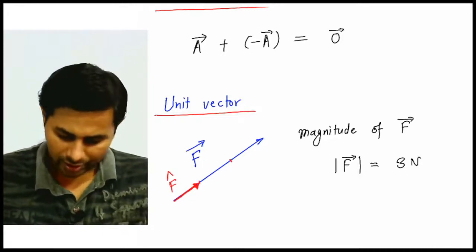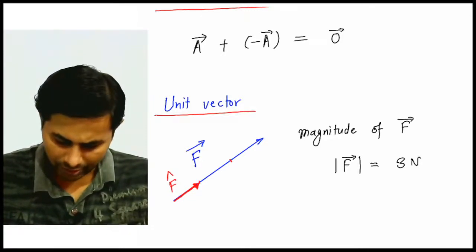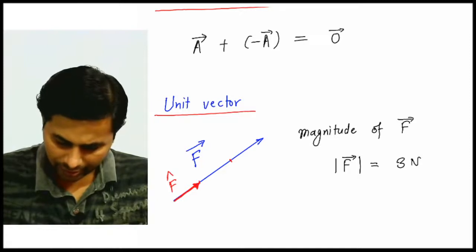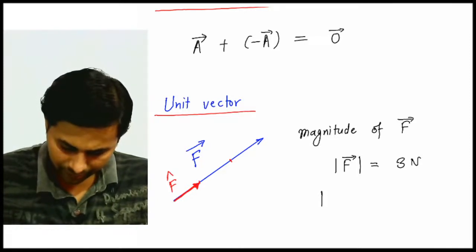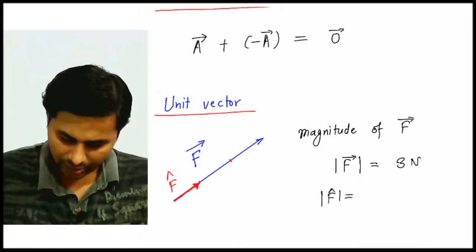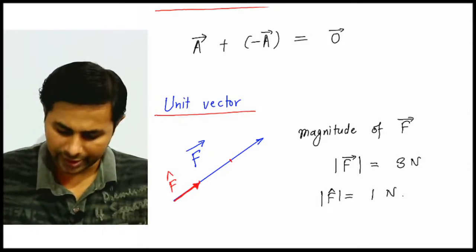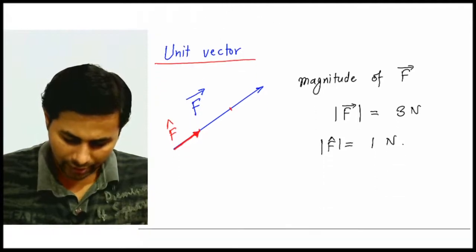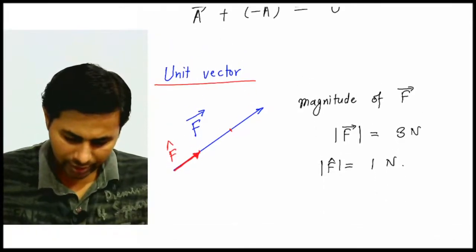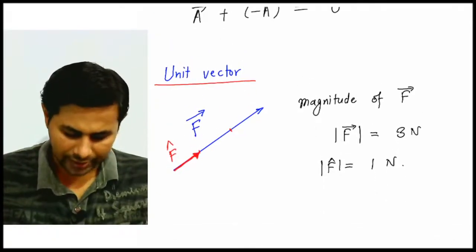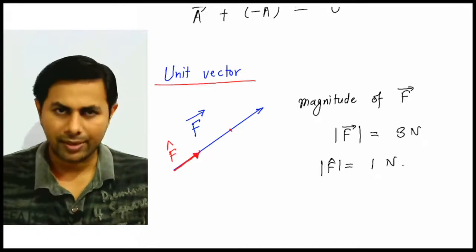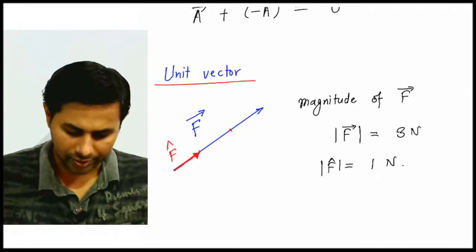Okay. So magnitude of F cap equals 1 unit. So here it's a force, that's why I can say it is 1 Newton. Now if I want to write F bar in terms of this F cap, then what should I do?